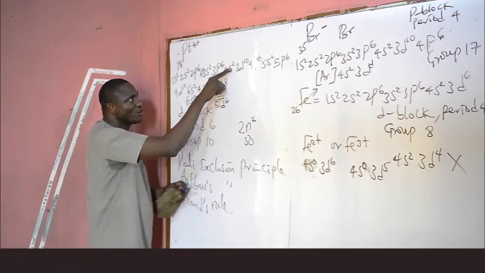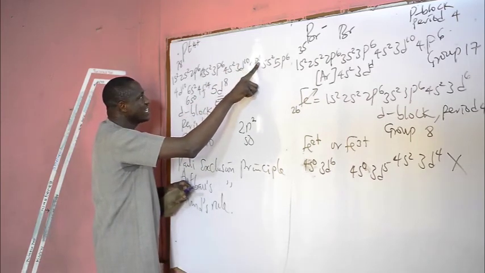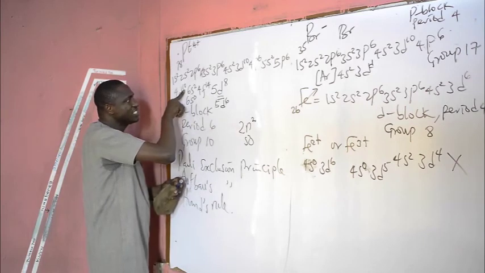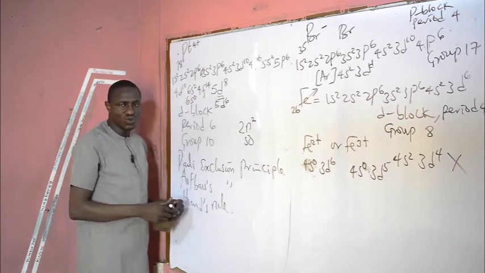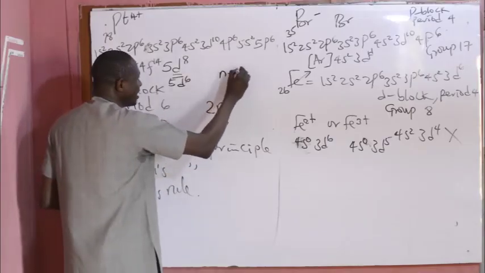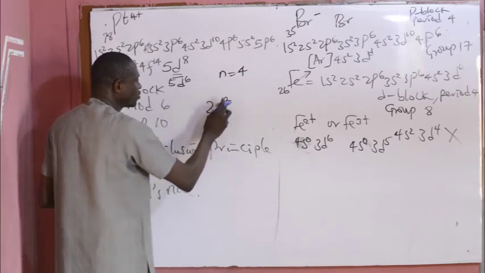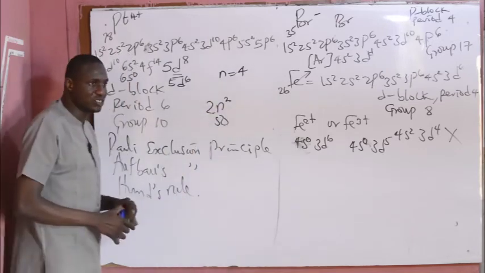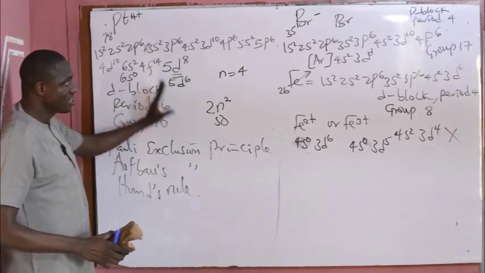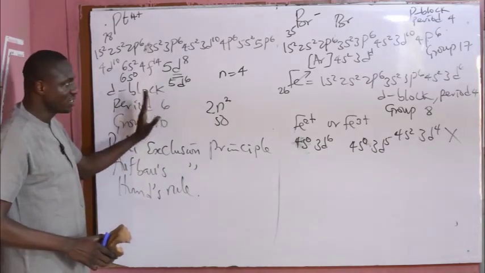But if you look at 4, 2, 6, that's 8, plus 10, 18, plus this, 32. And I told you that a shell, when n is equal to 4, takes a total of 4 squared times 2, which is 32 electrons. That is quite explained by the magnetic quantum number.